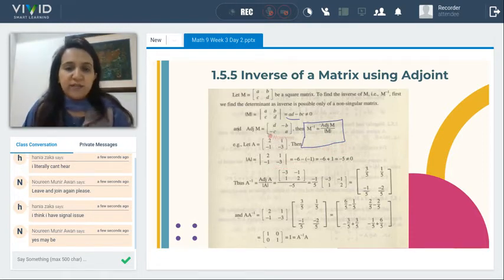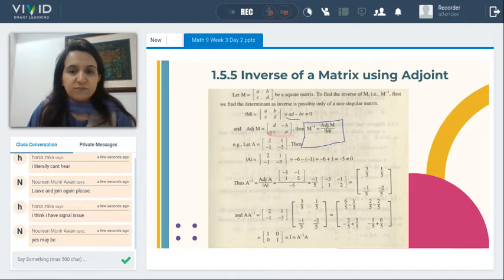Adjoint find करने के लिए diagonals को interchange करना है. This is 2 and minus 3. This is the one diagonal. इनकी अगर places change कर दें तो minus 3 और 2 आ जाएगा.